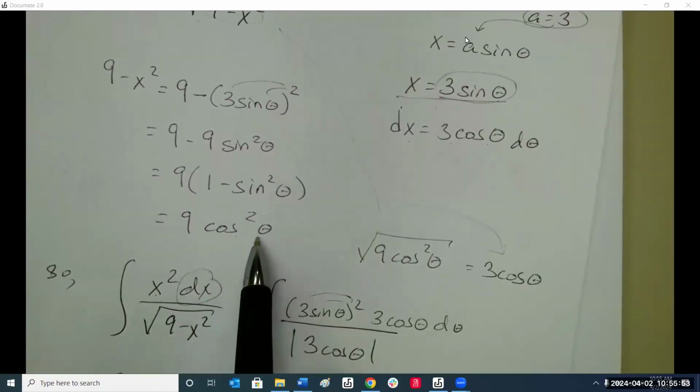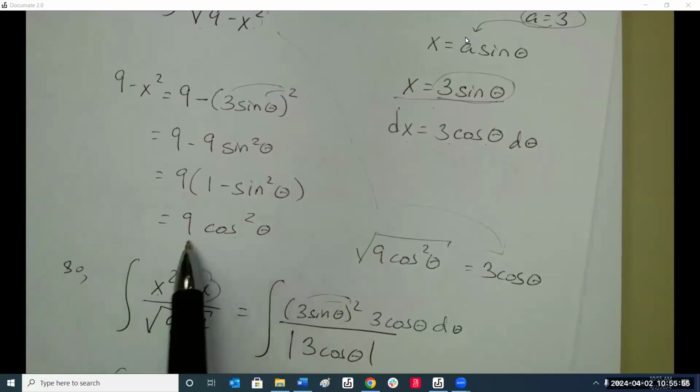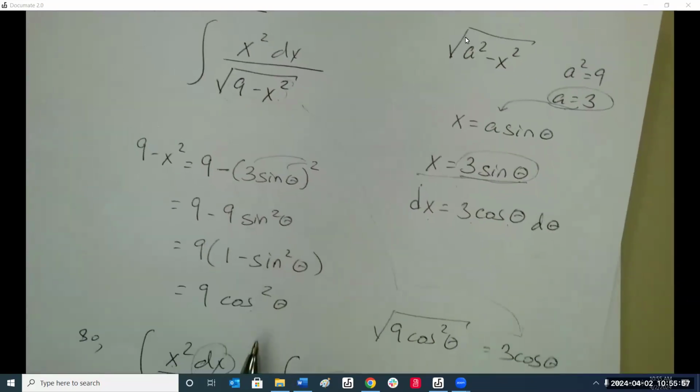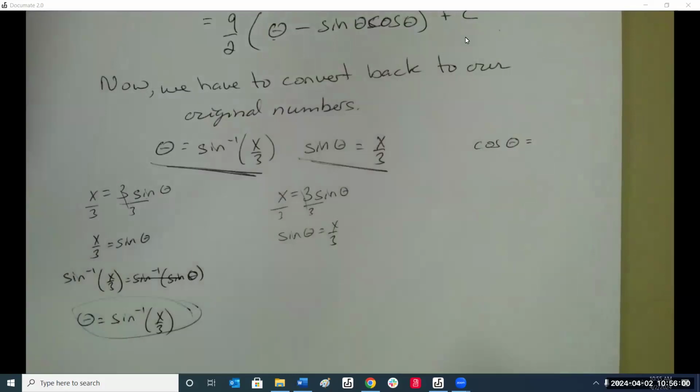So we figure out what cosine is from that. So 9 minus x squared equals 9 cosine.